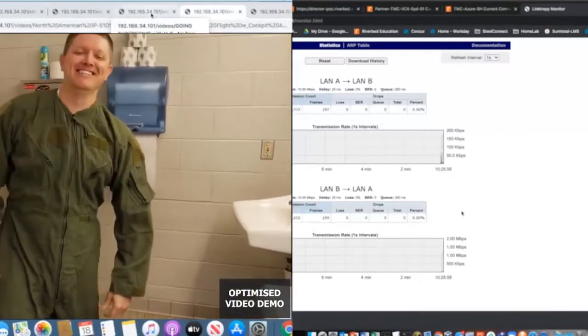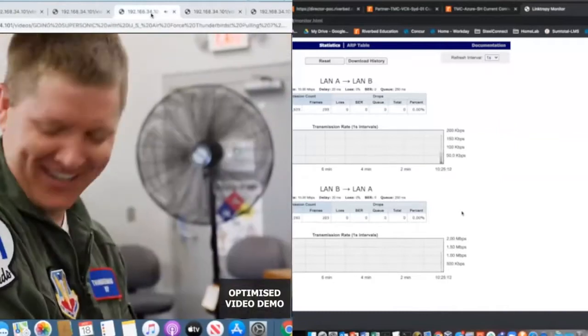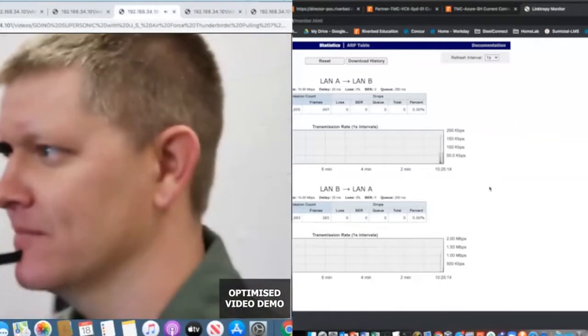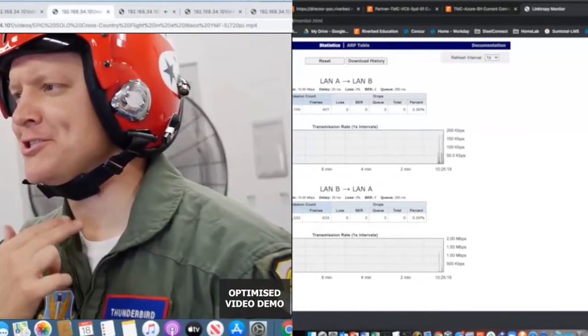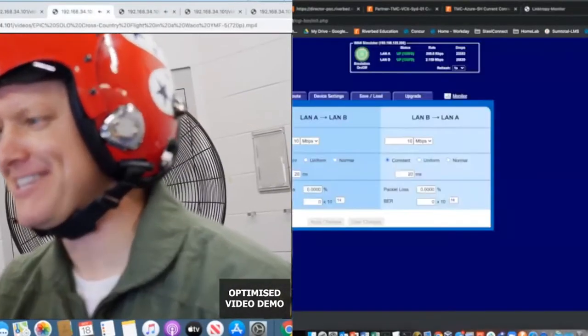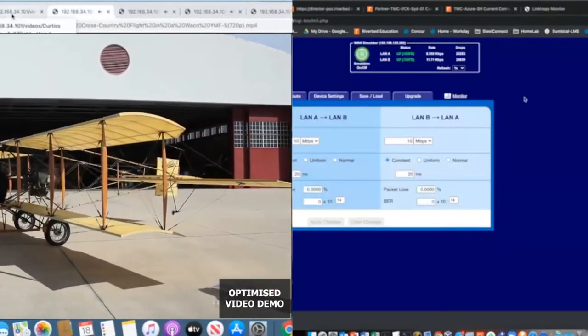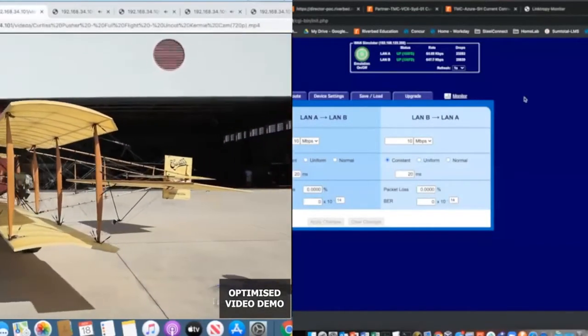But the interesting thing to note here is if you look at the bottom right-hand graph, look at the throughput going through the network. Because this is optimized, and we've seen these videos in the past, the amount of bandwidth coming through the network is really, really low.